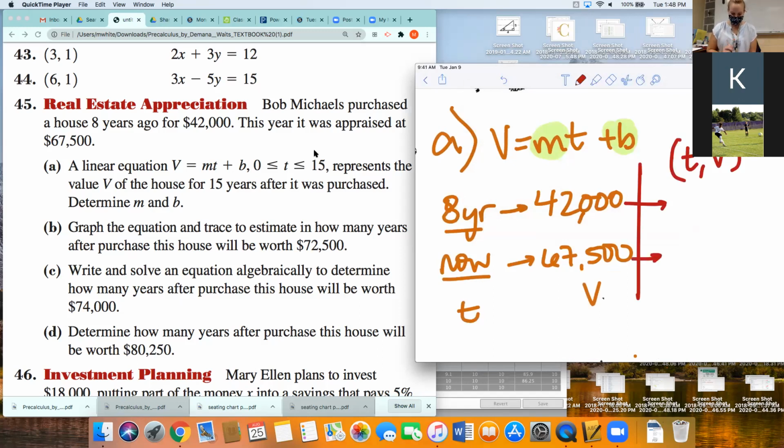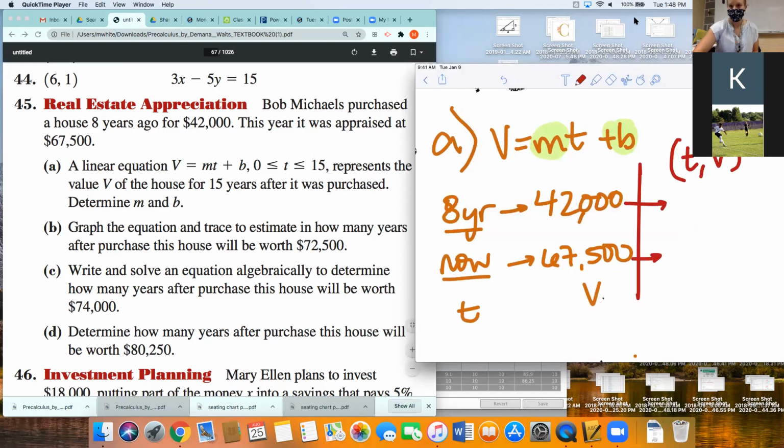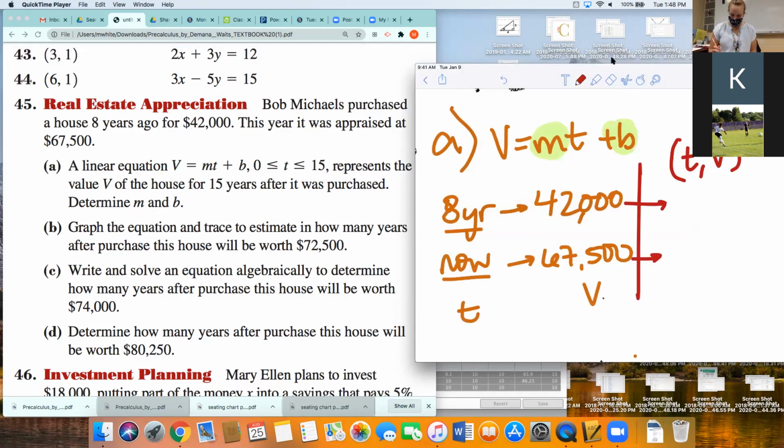Now, I know I wrote 8 years on the first one. Let's treat that as 0 years. So let's say that you bought the house at 0 years. Then that would make now how many years later? So that would be 8. So my first point is going to be 0, 42,000.